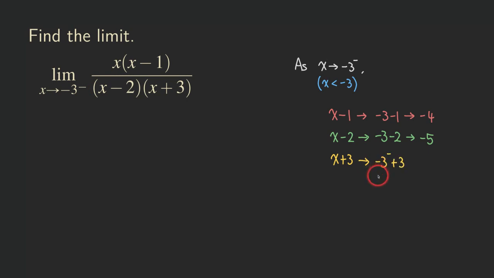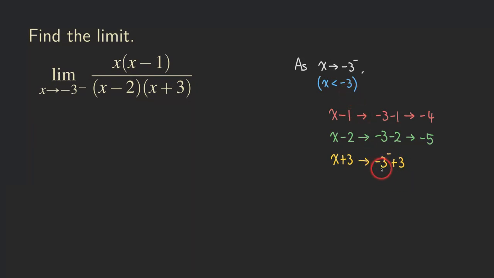Just think about this. If x is approaching -3 from the left side, whatever sequence we choose approaching -3 from the left, all the numbers in the sequence would be less than -3.